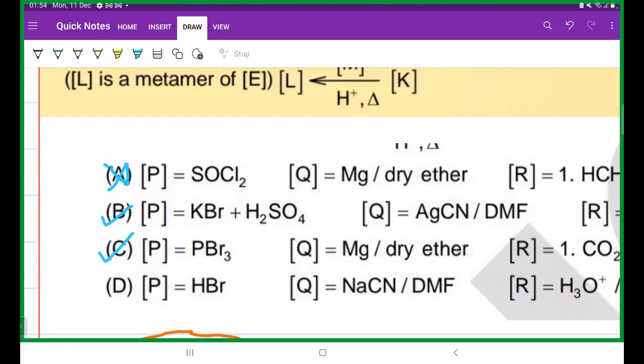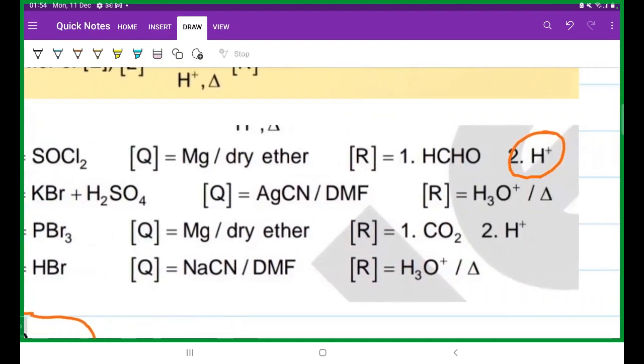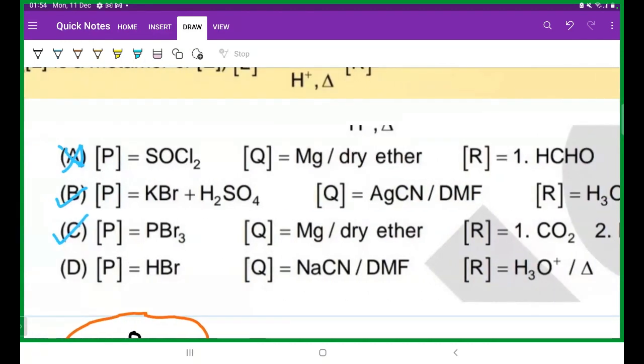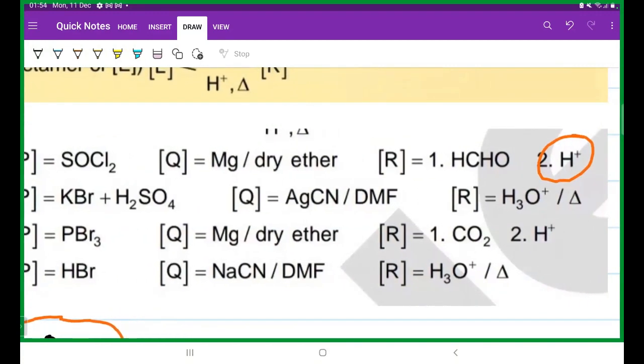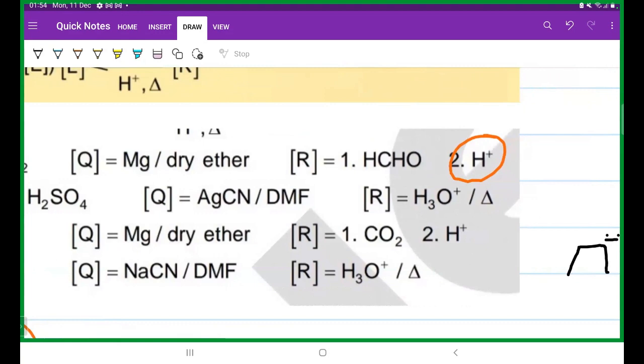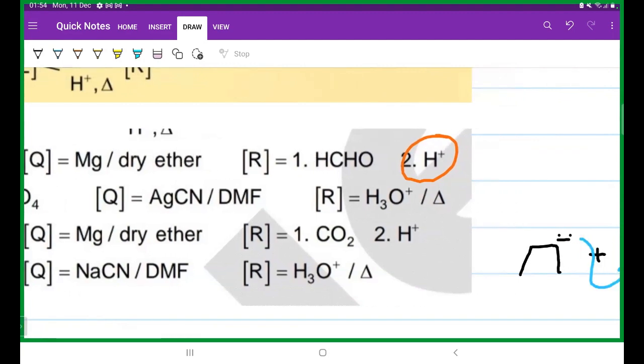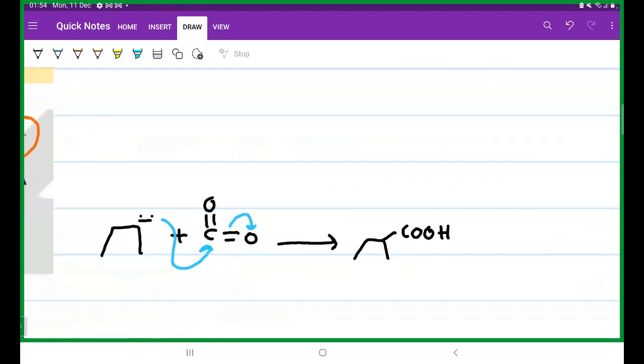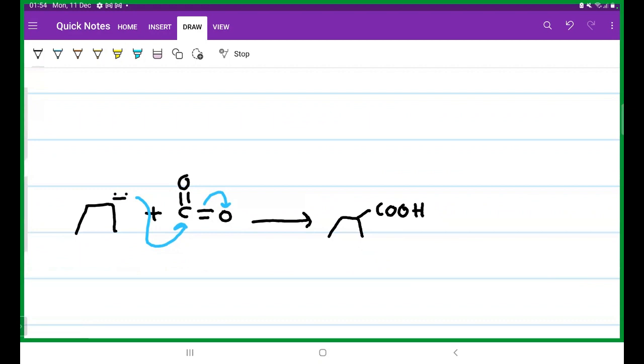All right. Let's go for D. D again, the first step, bromination. Second step will be nucleophilic substitution. The third step will be the hydrolysis of a cyanide. When we hydrolyze a cyanide, we get this acid, assuming it's complete.